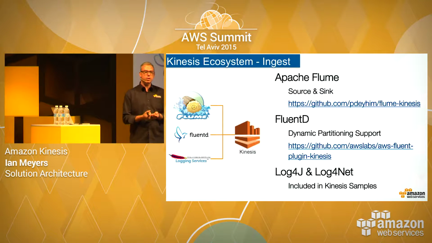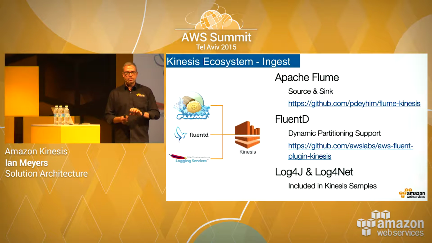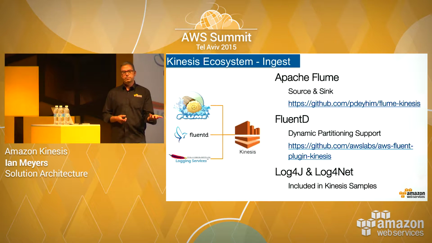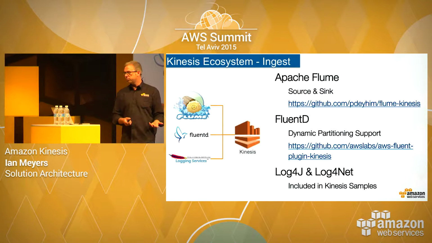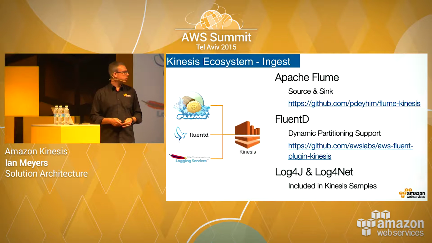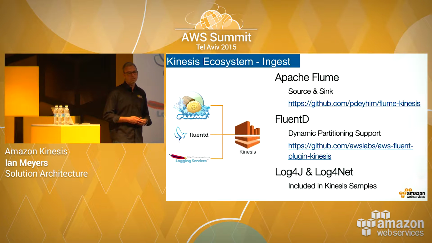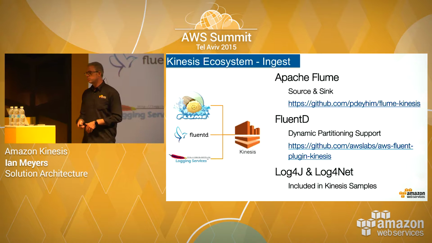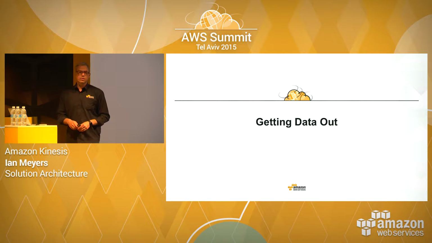And this is a really nice way of taking an existing application that's generating log events that you need to analyze and simply being able to move away from files and move to streams. The log management framework itself is doing all of the hard work of pushing the data onto Kinesis. And then we can consume that and reconstitute the files at the stage of getting the data back out.